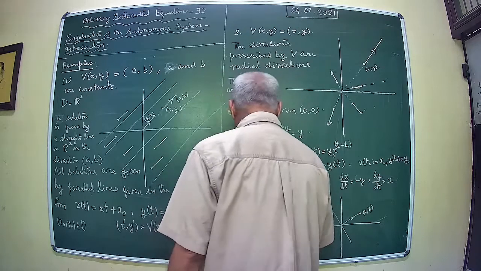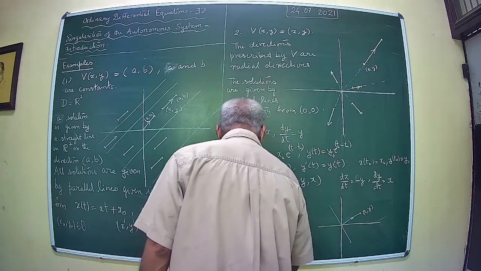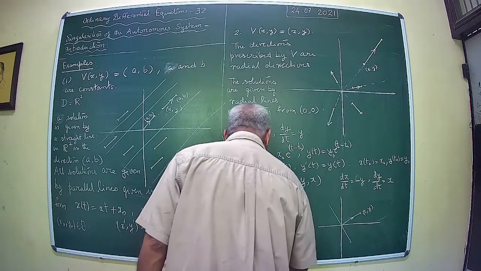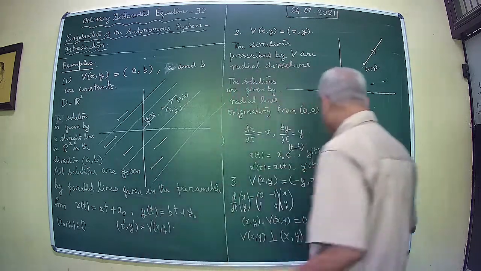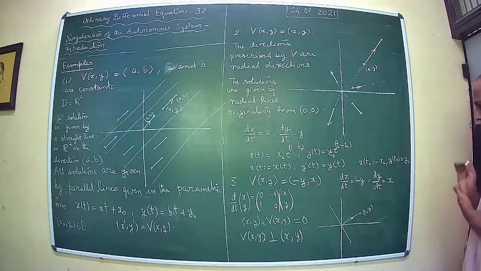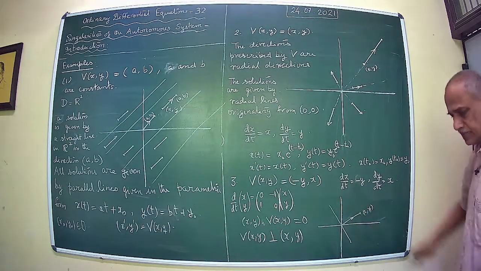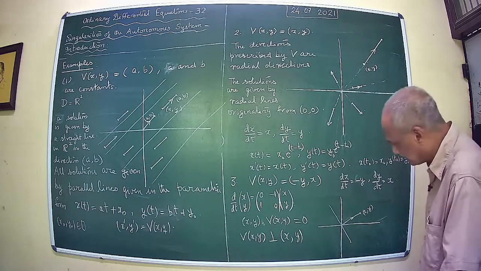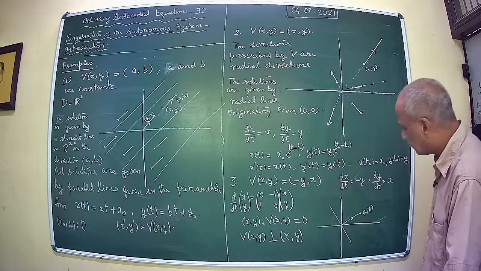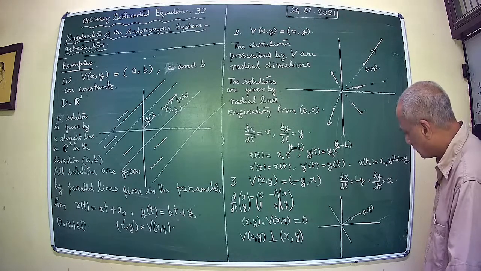Therefore, V(x, y) is orthogonal to the radial vector (x, y). Okay, so it is in this direction and placed at this point. That is the base point for this vector. So first of all, let us decide the direction of (minus y, x).